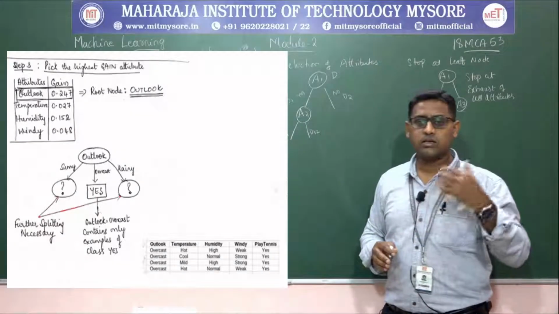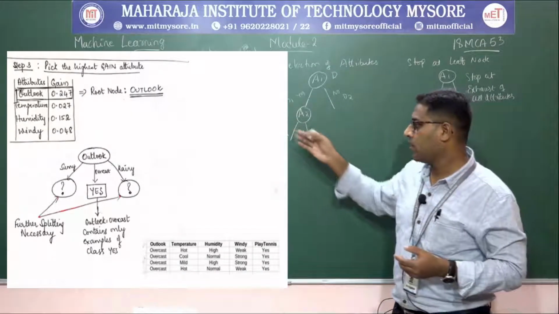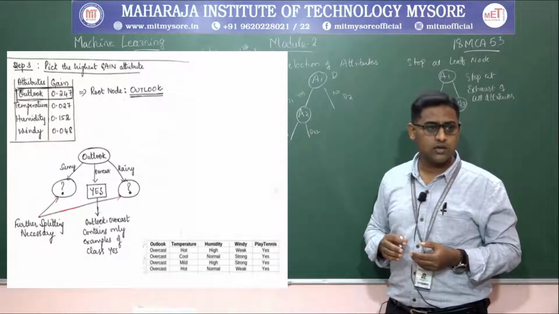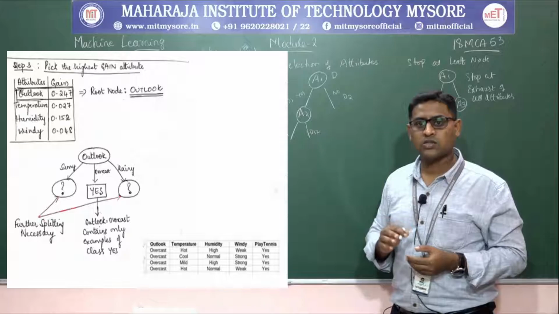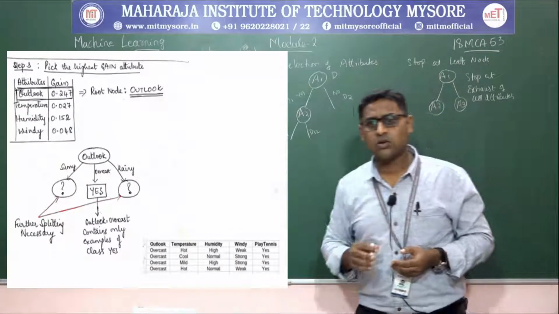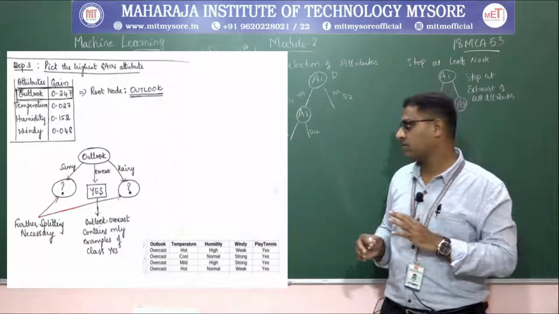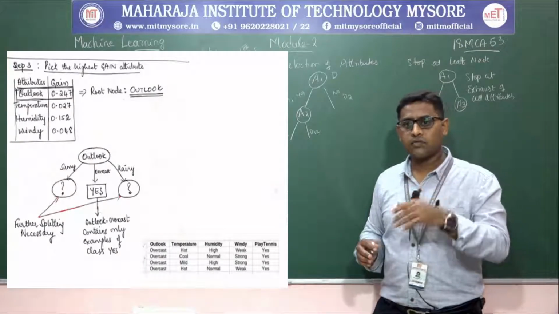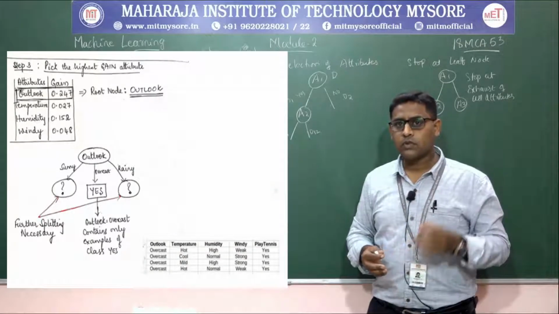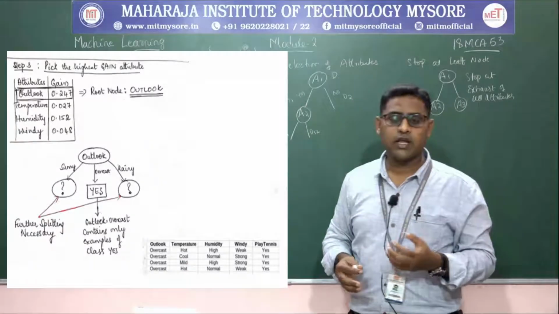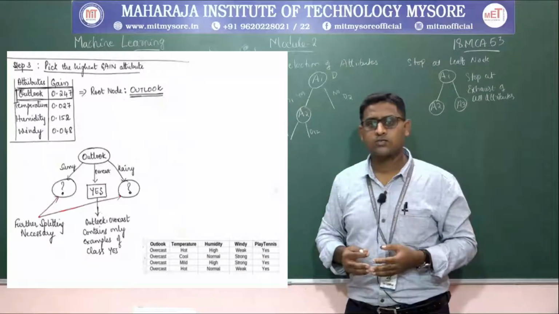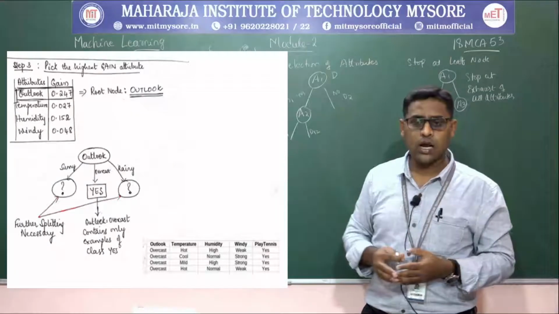So it will be yes, and that will be the end of overcast. Overcast contains only examples of class yes. For the other two parameters, sunny and rainy, we need to check whether we need to further split those attributes.